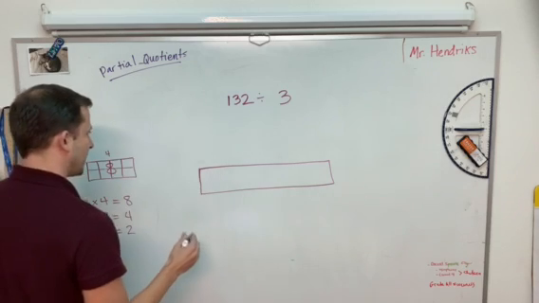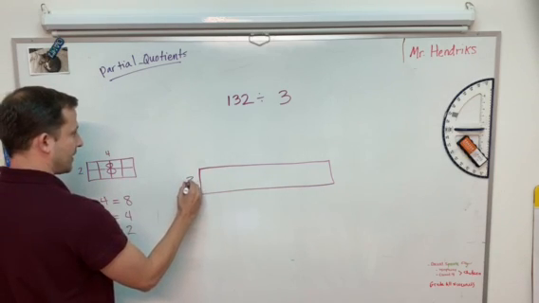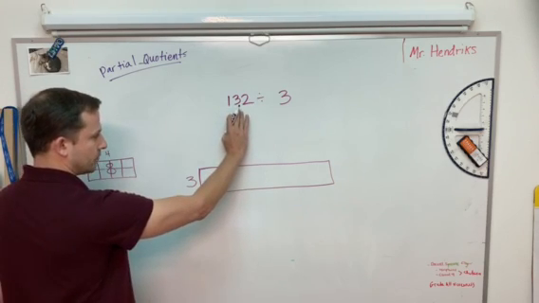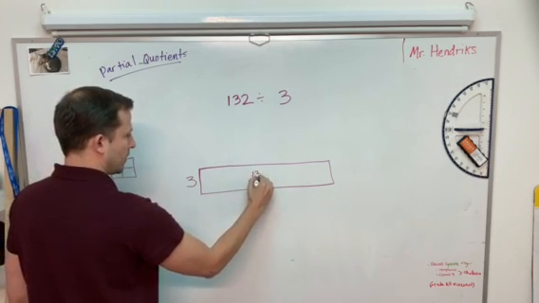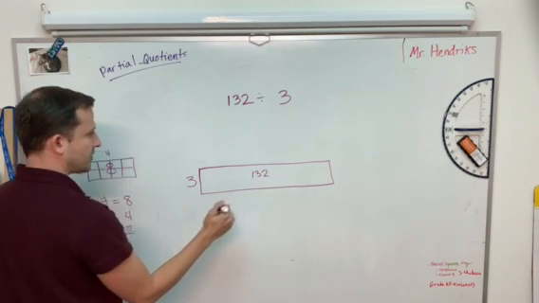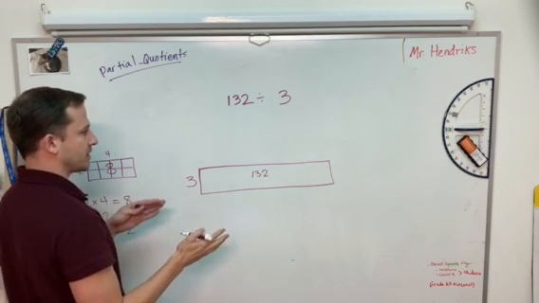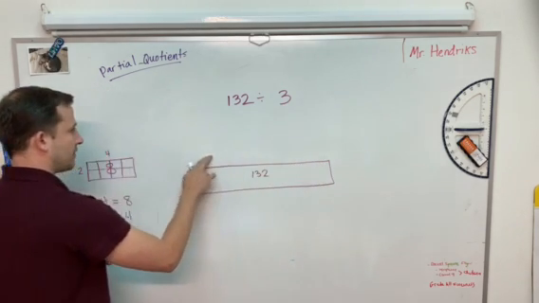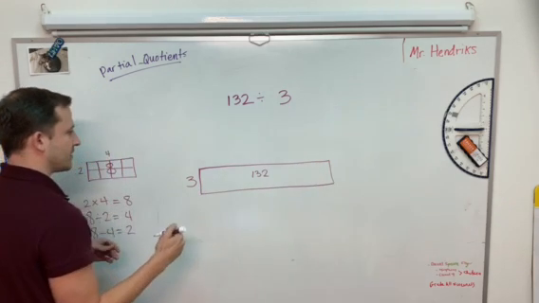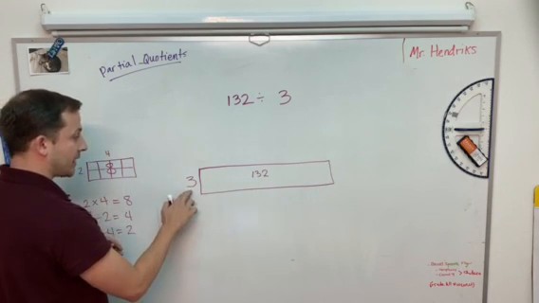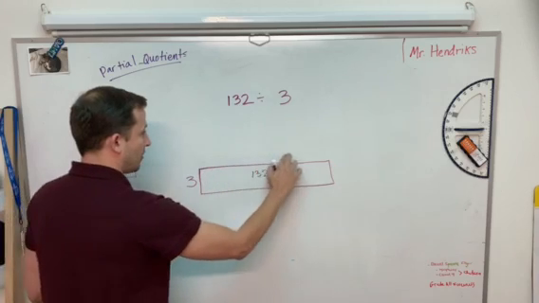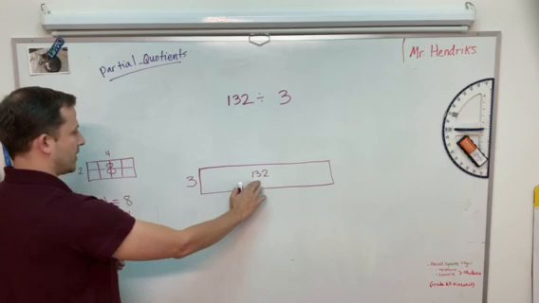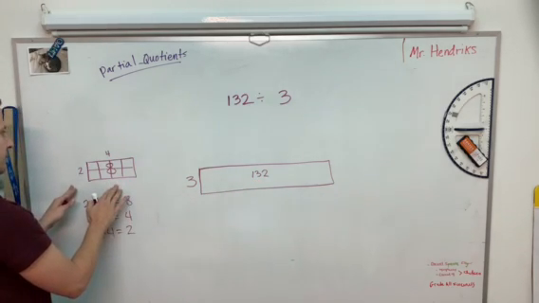So what we're saying is we know the divisor is 3, and we already have an area of 132. And what we're going to do is find partial quotients to find the missing part of the rectangle that would give us that area if we multiplied. 3 times this unknown width up here should give us 132, just like it did here.